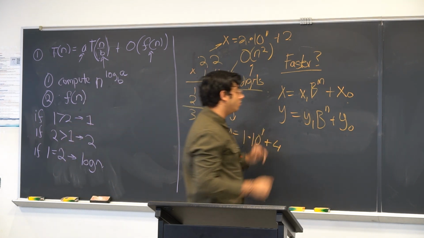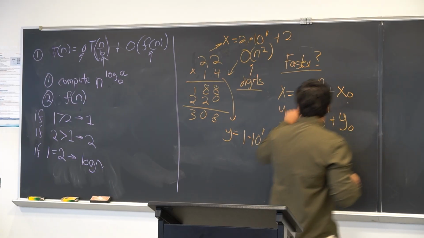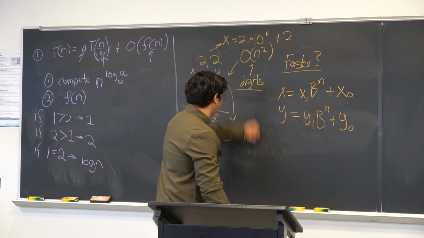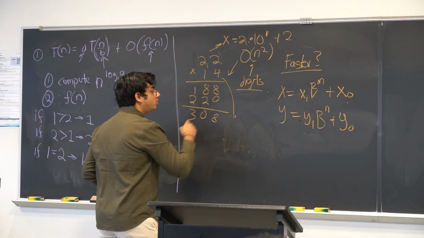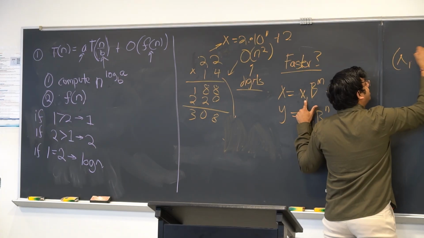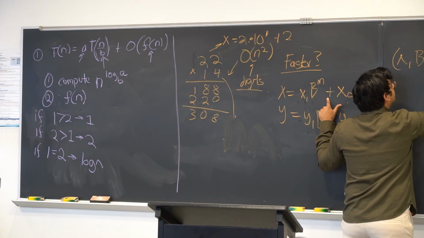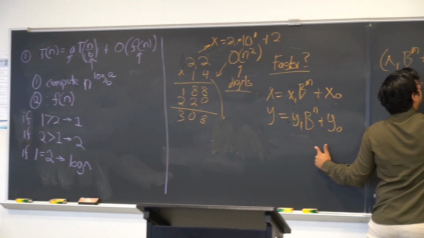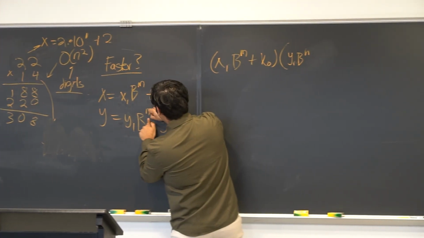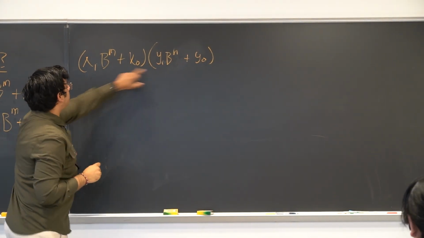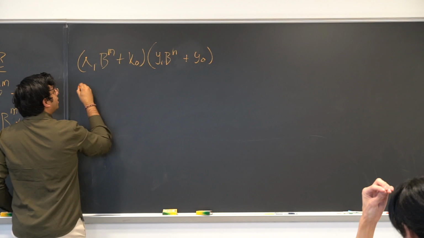So let's multiply x and y together. What do we get? x1 b to the m. Check my algebra, because otherwise this will make no sense. If we multiply these 2 together, what do we get?